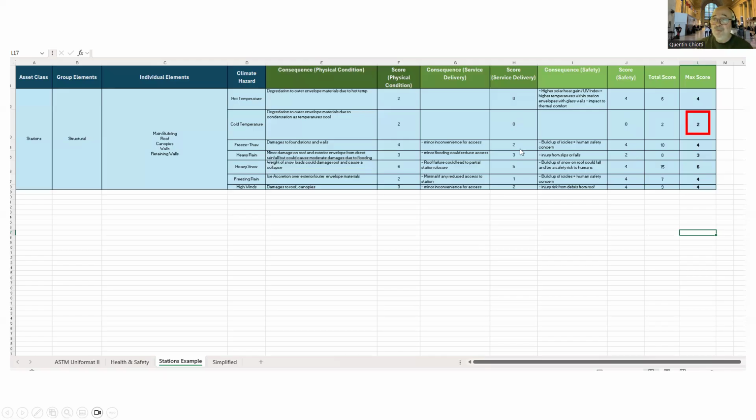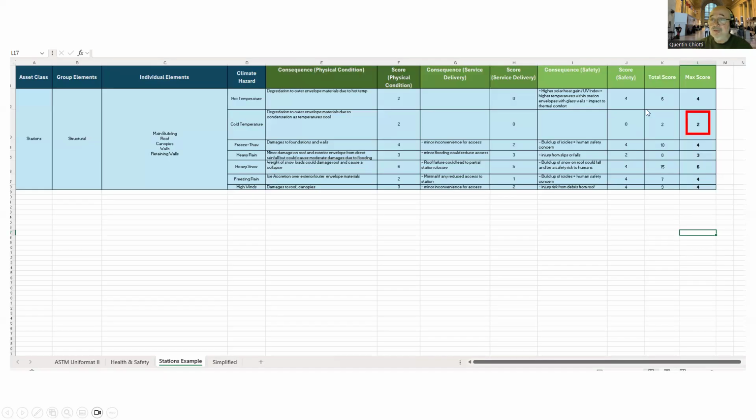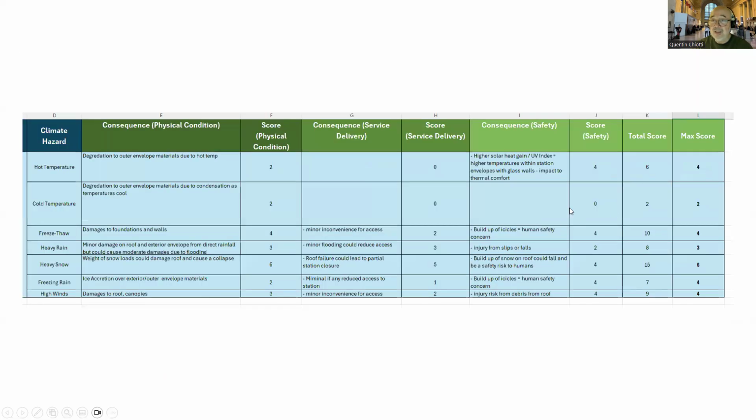The thing that I want to emphasize here is that whether it's for physical condition, service delivery, or safety, what we've done, or what you could do, not that I'm asking you to do this in the assignment, but in the real world case, you would actually come up with a total score. So column F, column H, column J, what does that equal? 2, 4 is 6, 2 is 2, 4, 2, and 4 is 10, etc.